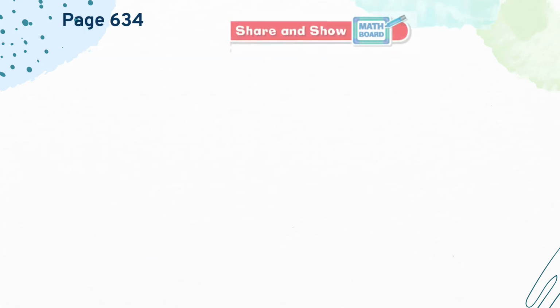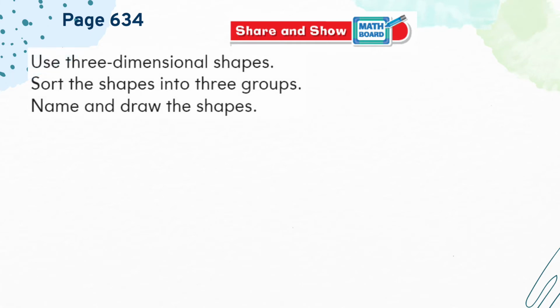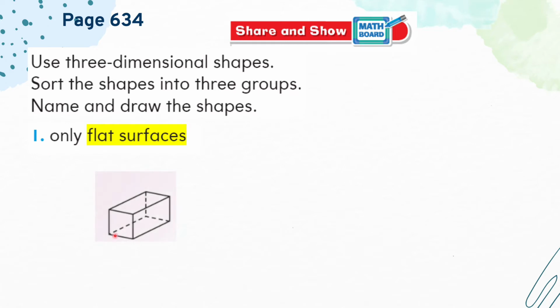On page 634, let's look at share and show questions. Use three-dimensional shapes. Sort the shapes into three groups. Name and draw the shapes. Only flat surfaces. Now which of the three-dimensional shapes only have flat surfaces? It is a rectangular prism.